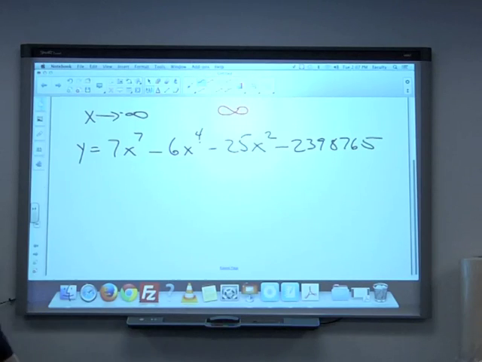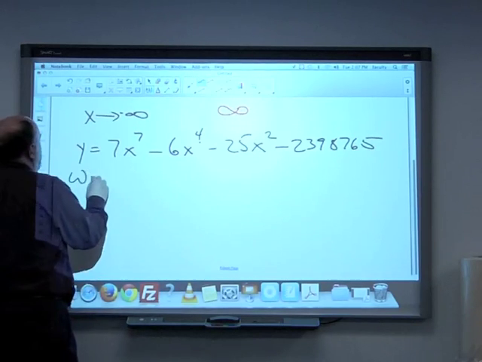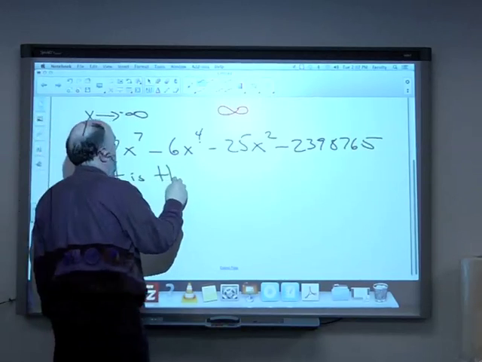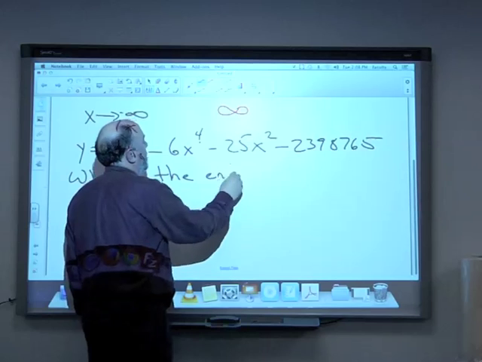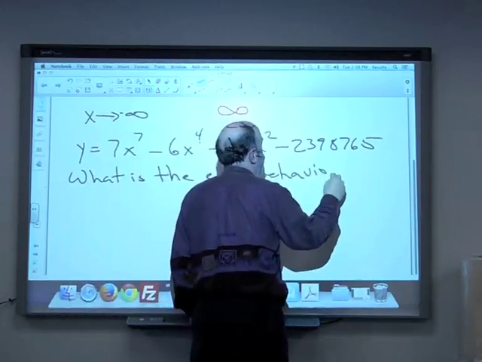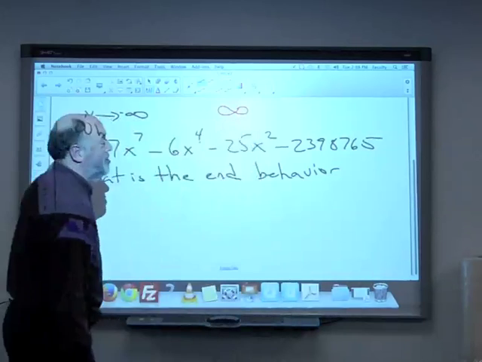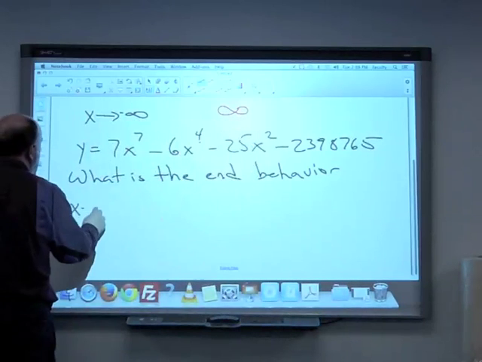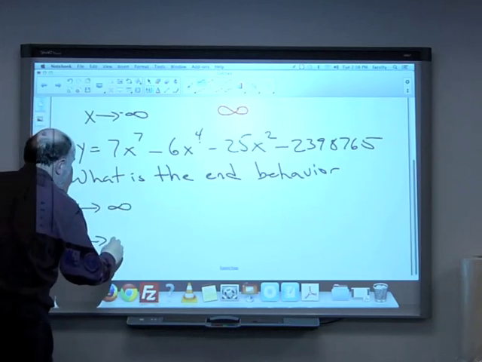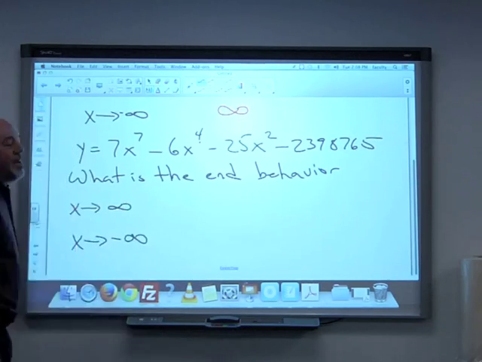And again, I want to know what is the end behavior. Again, I want to know what happens when x goes to infinity, and what happens when x goes to negative infinity.